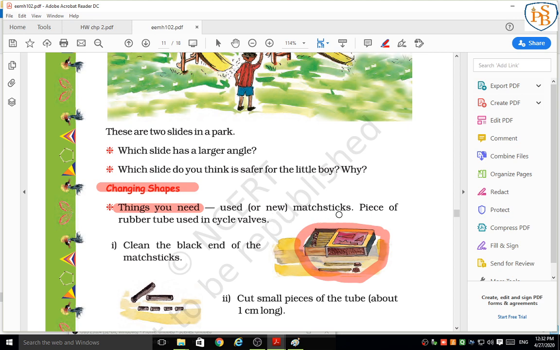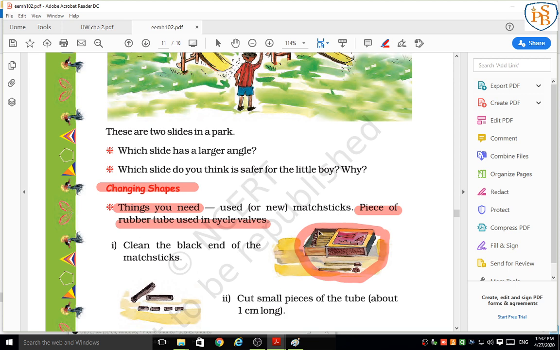Okay students, the choice is yours. Then after taking a matchstick, we need a piece of rubber tube used in a cycle race. So students, are you excited? Are you excited? Yes. So let's start.